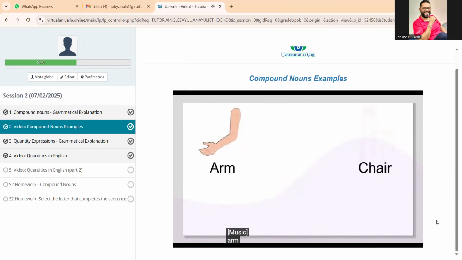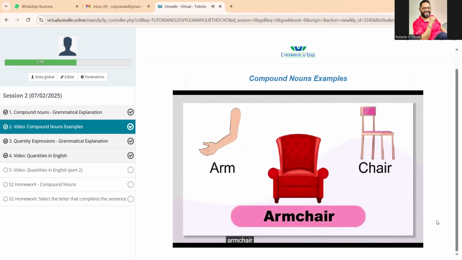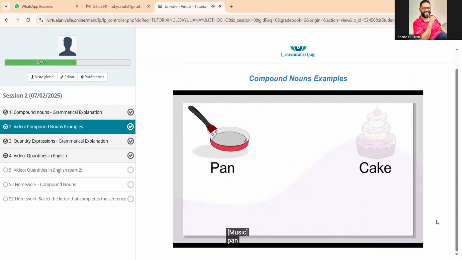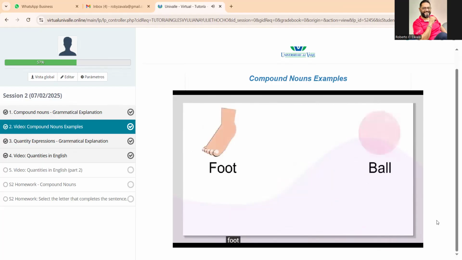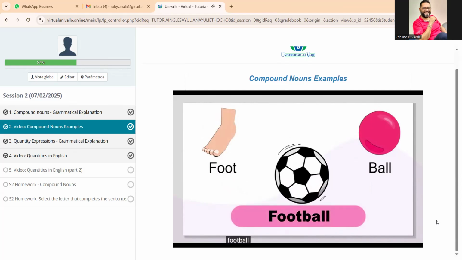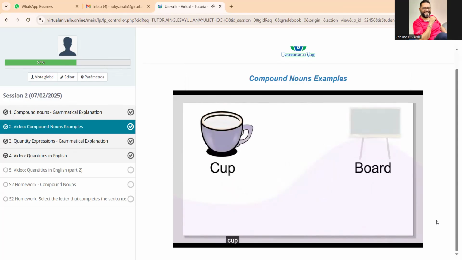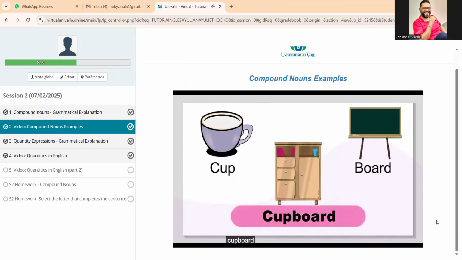Arm, chair, armchair. Pan, cake, pancake. Foot, ball, football. Cup, board, cupboard.